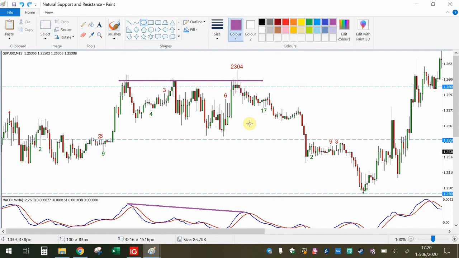So if I just take all these off, I've done that analysis, and I feel that I want to go short. When do you go short? And again, there are a couple of ways you can do this. The first way is that you wait for price to close below the pin bar.